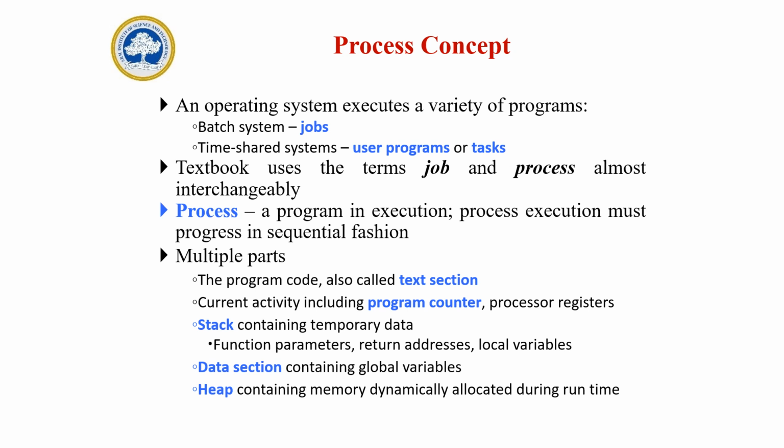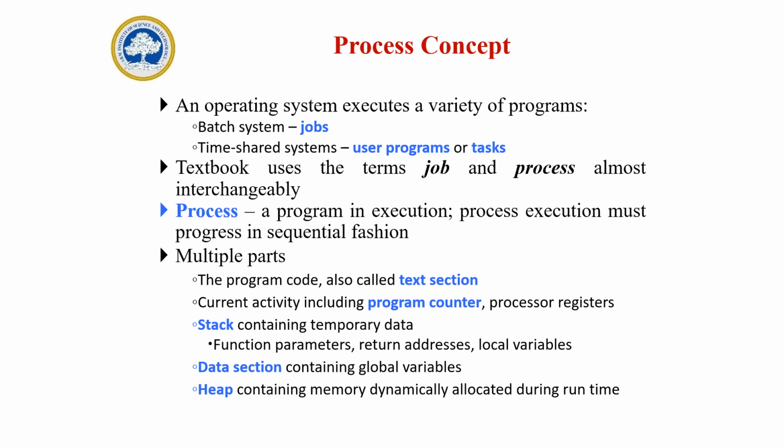The process execution must be in a sequential way. Once the task is created, that newly created task is called a program. When the program starts its execution, at that point of time it is called a process.